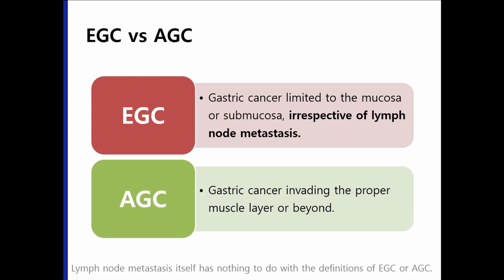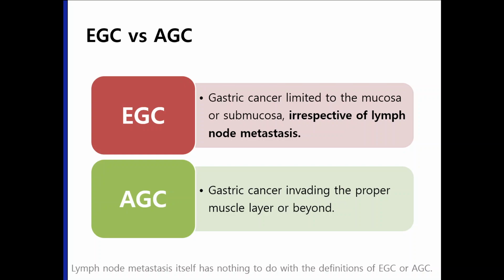Gastric cancers can be divided into EGC and AGC. EGC is a gastric malignancy that is limited to the mucosa or submucosa, irrespective of lymph node metastasis.